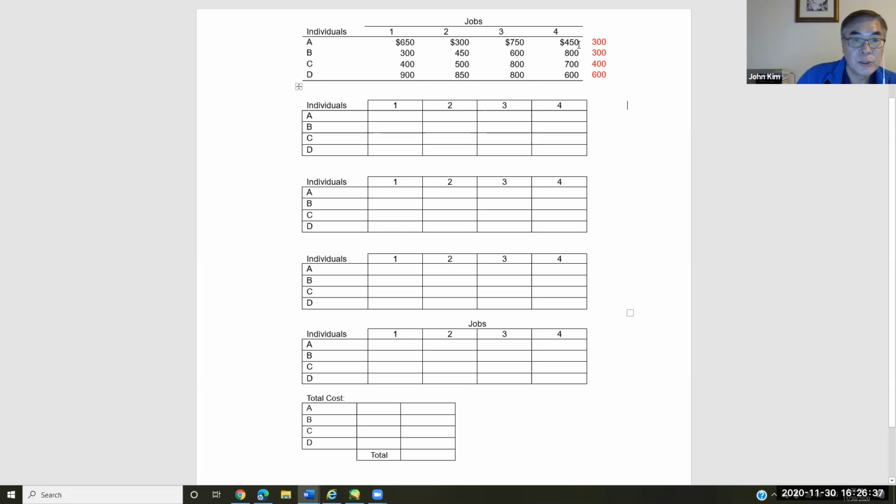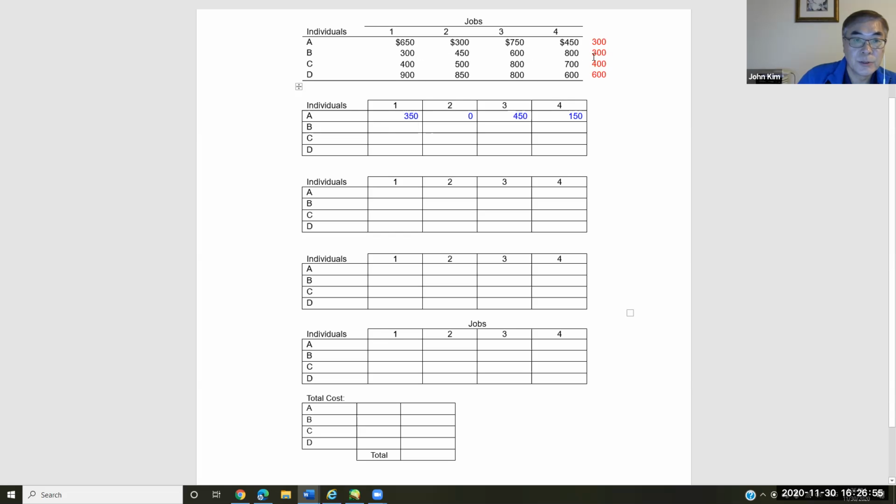So change by subtracting: 350, 0, 450, and 150.